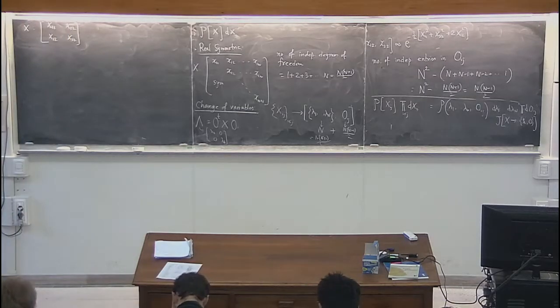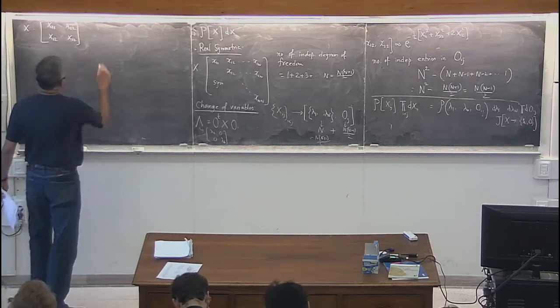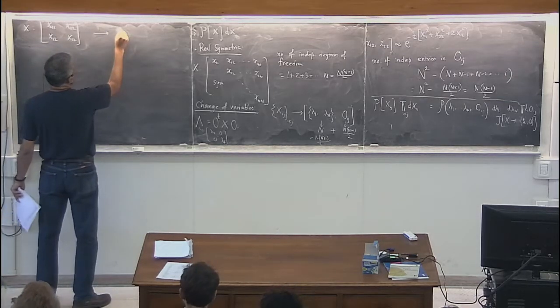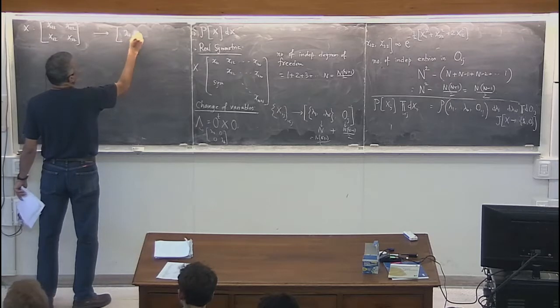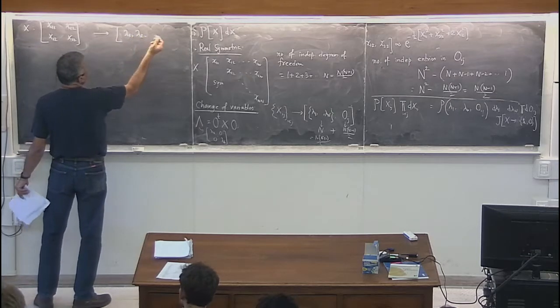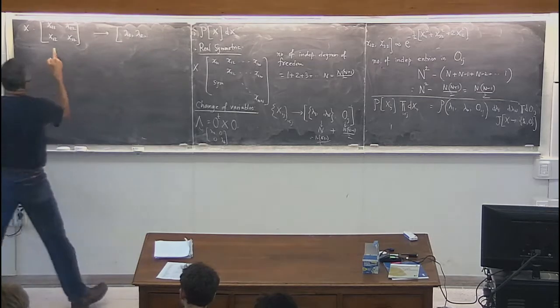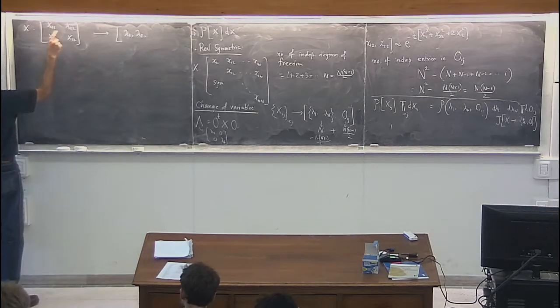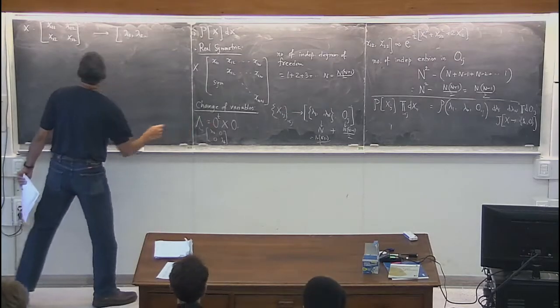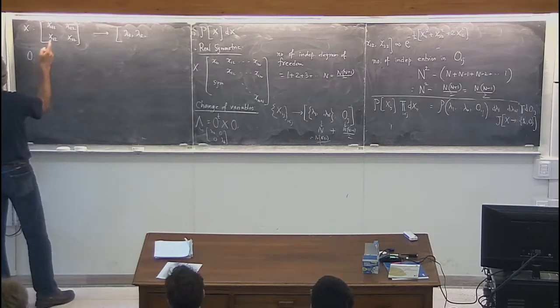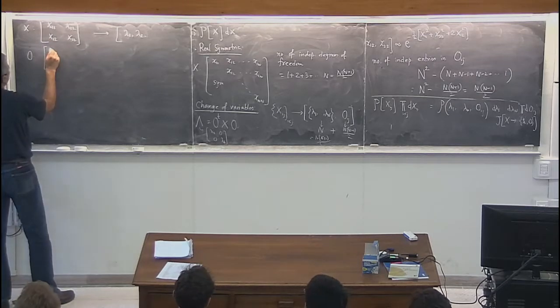Here I have 3 degrees of freedom, and when I change variables I'll get 2 eigenvalues and 1 eigenvector degree of freedom. As I told you in the last lecture, the orthogonal transformation that diagonalizes this matrix I can always parameterize by an angle.